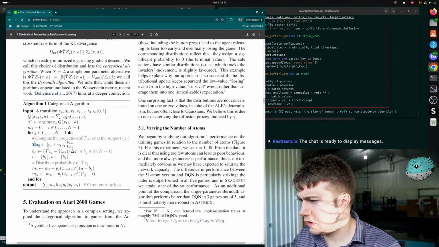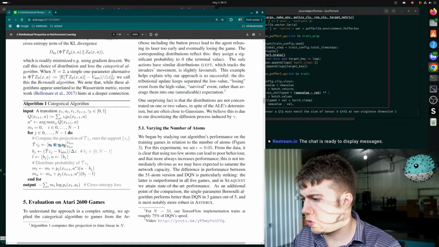Okay, so this is just reward plus discounted value. And then this is the bucketing operation. So this is them just doing really annoying fancy floor ceiling stuff, but I think that this is just them bucketing the value function here.